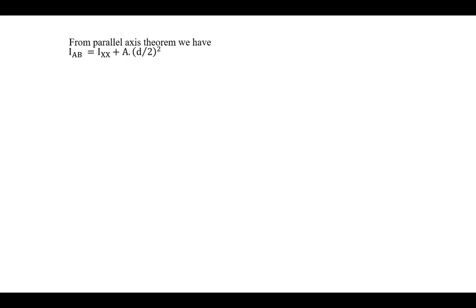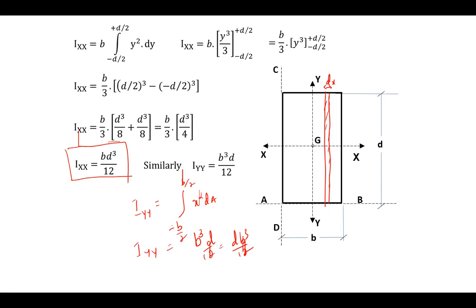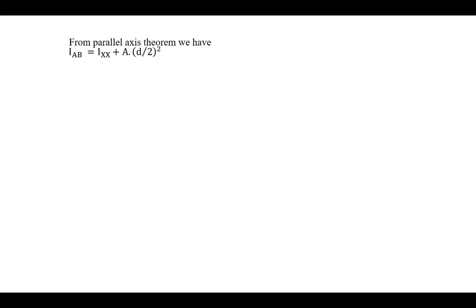So IAB is equal to Ixx plus area into the distance between two parallel axes, which is nothing but d by 2, right? You can see here, this is one axis and the other axis is this one, so the distance between these two parallel axes is d by 2. So that is what we will be substituting here.